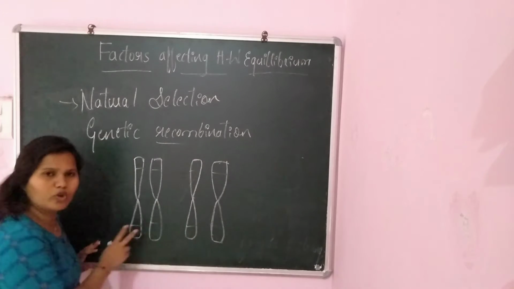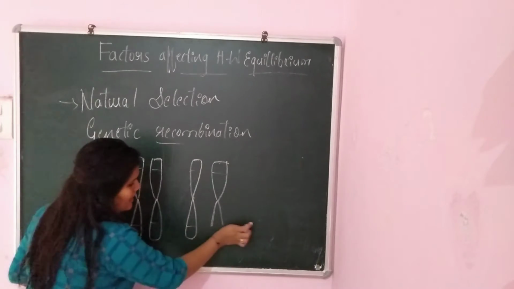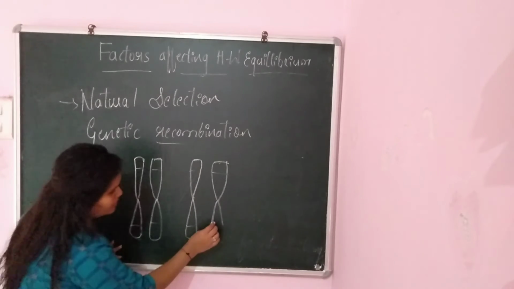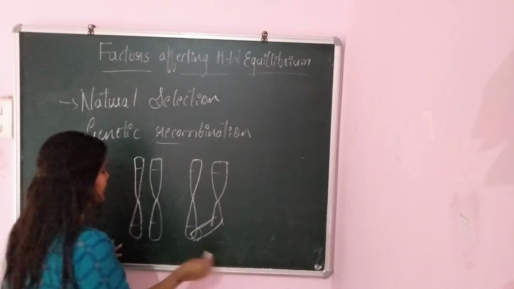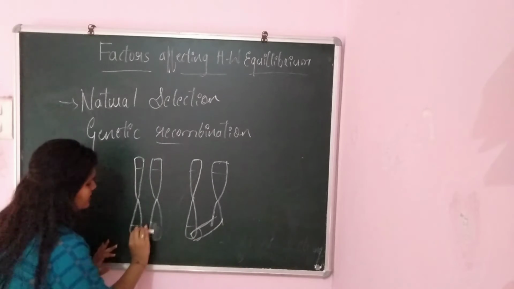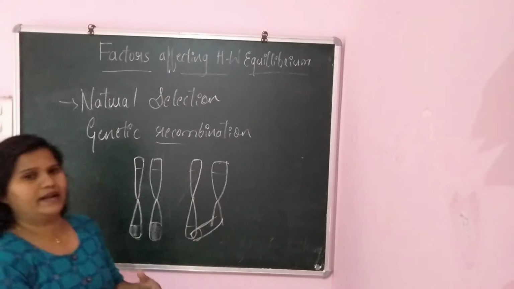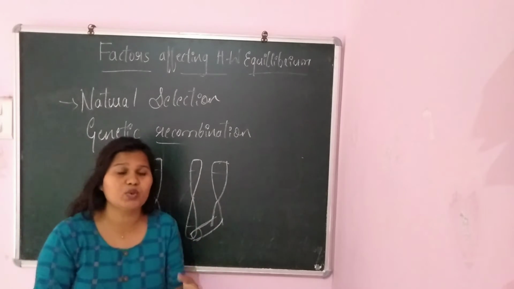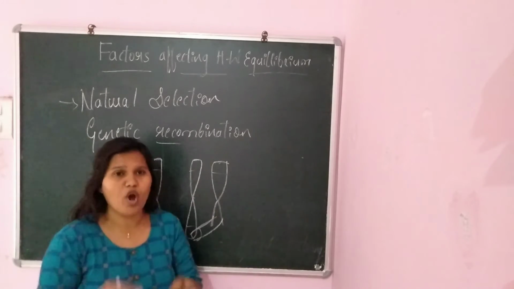If these are the two chromosomes from father and mother, the mother and father chromosomes will get recombined, or you can think the father and mother genes will get combined, and that's why the characters of both parents get transferred into their offspring.